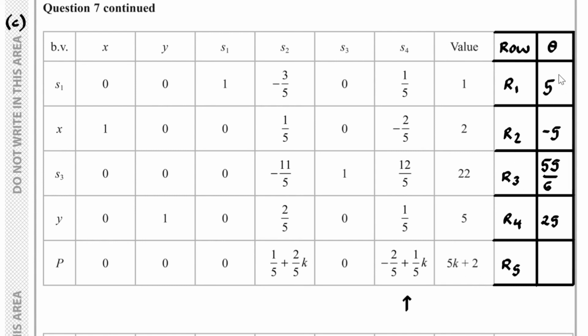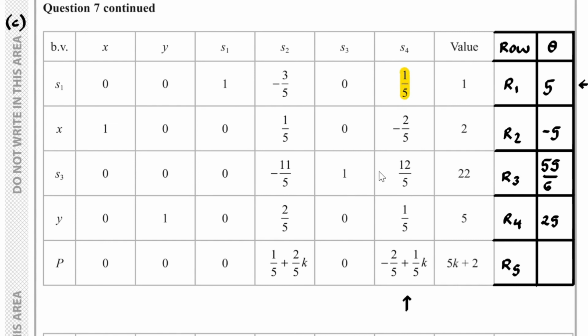And now the smallest positive value is this 5. So the pivot will lie in the S1 row, and so our pivot is 1/5.